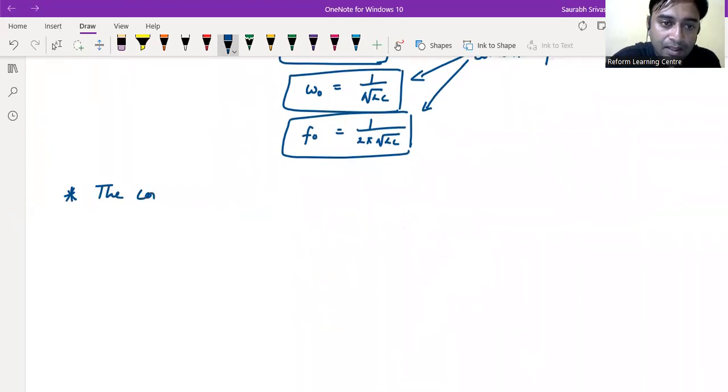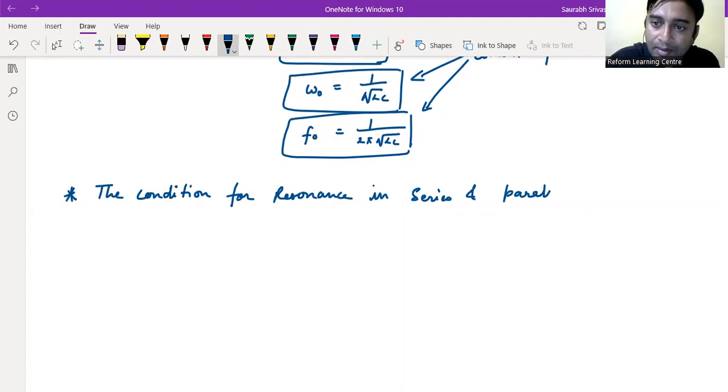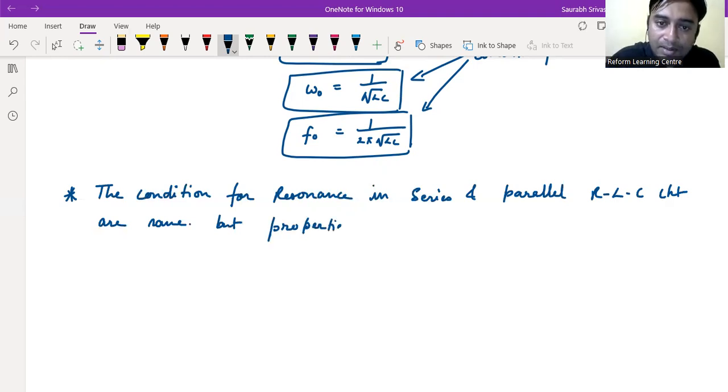The condition for resonance in series and parallel RLC circuit are same, but properties are different. Properties अलग हो जाती हैं.